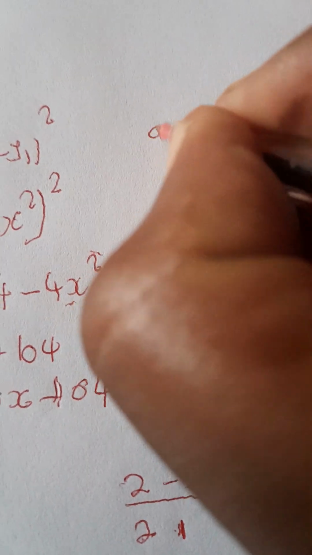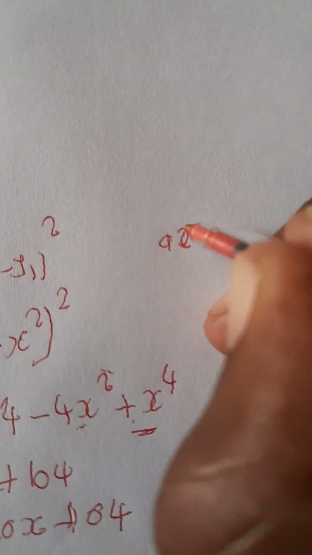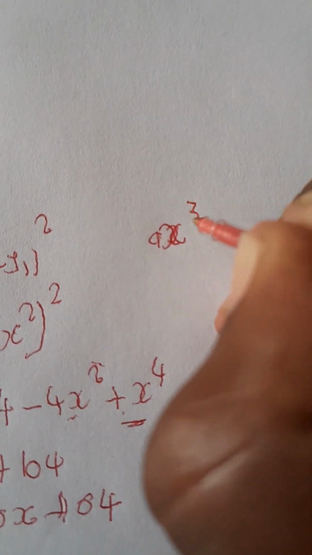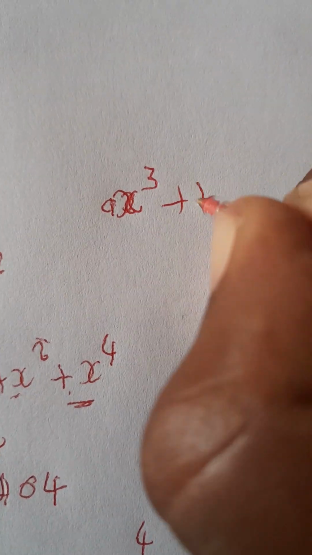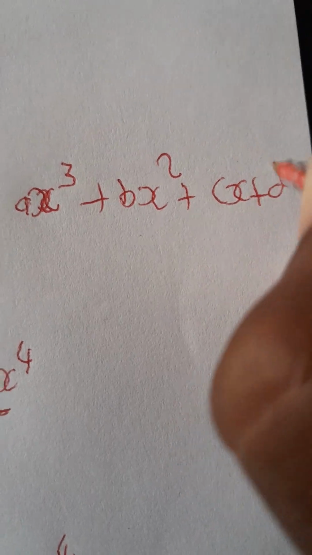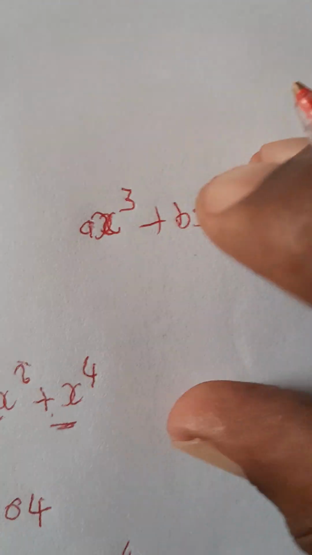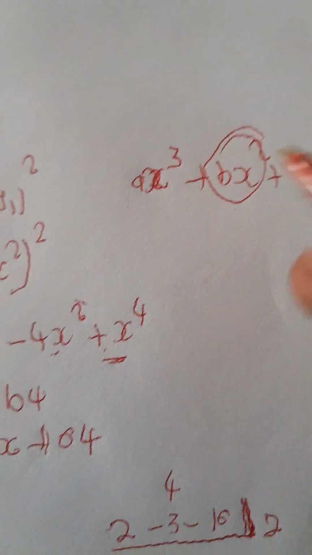Remember that for you to use a synthetic, the cubic equation is in this form: ax cubed plus bx squared plus cx plus d, equated to 0. We have to equate it to 0. So we don't have bx squared in this case.